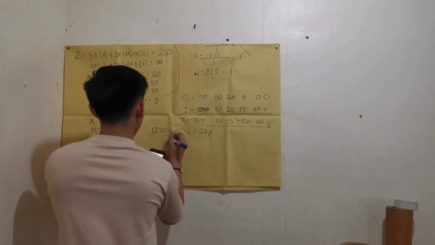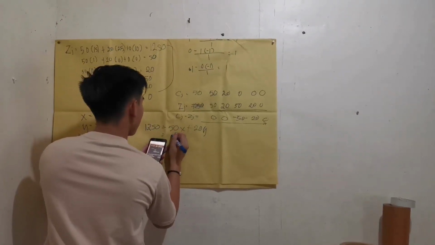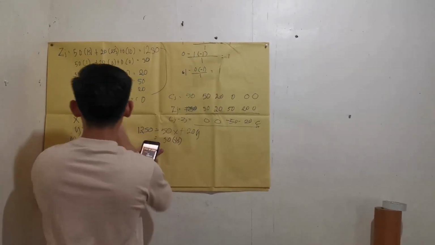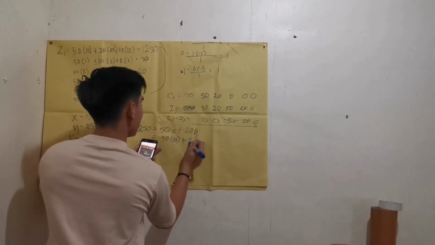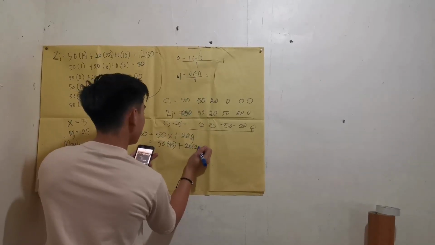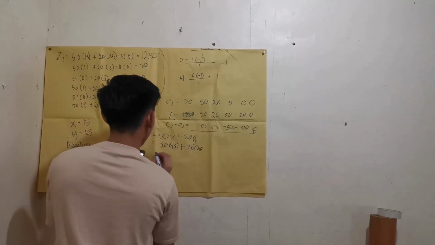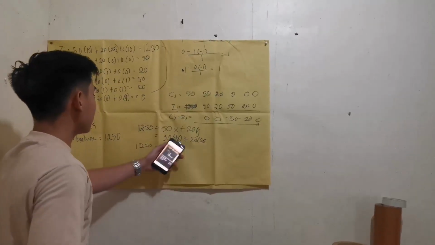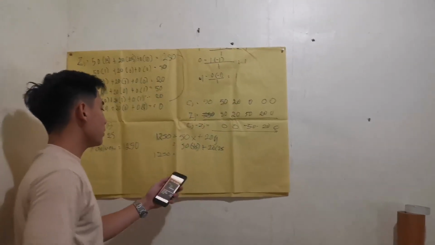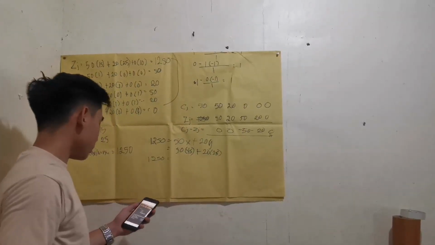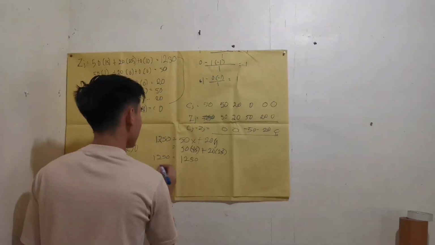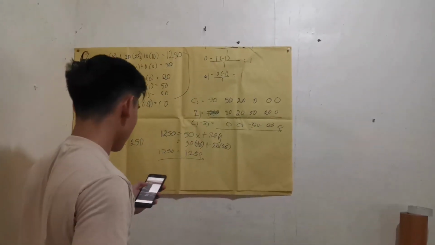So, equals to 50x, 50 times 15 natin yung x natin dito, and 20 times 25. I-multiply natin yan. 50 times 15 plus 20 times 25 is 1,250. So, tama yung nakuha natin.